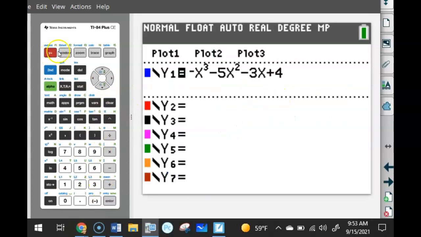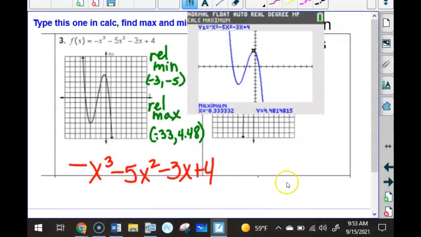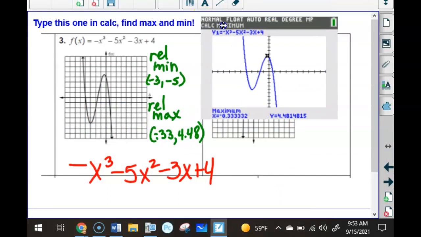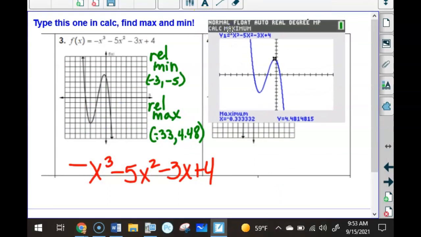All right, I did want to talk about how this would be in Delta Math real quick one more time. For the min, it would say the min of -5. Okay, the minimum value of the function, the relative min of the function is -5.